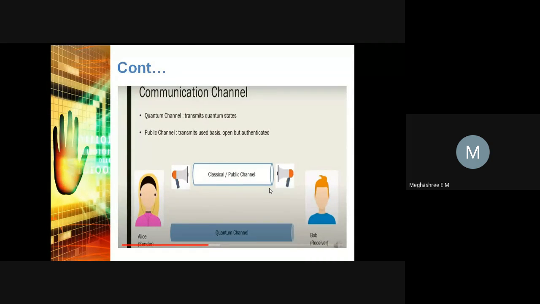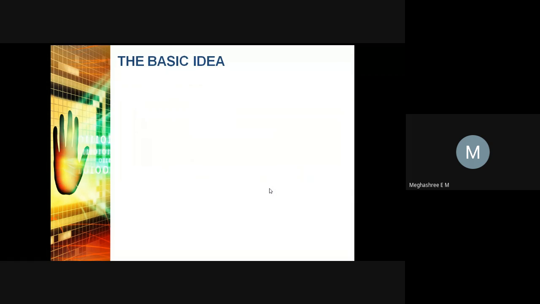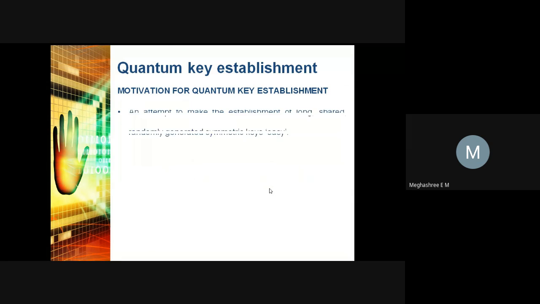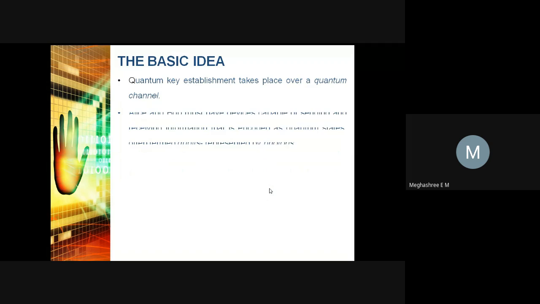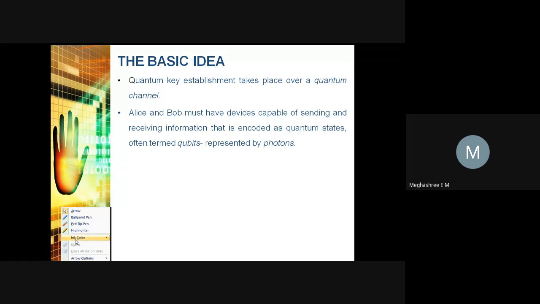As I said, devices need to be deployed at Alice and Bob, so I have mentioned those points here. This information is called qubits with respect to quantum, and it is also represented by photons.